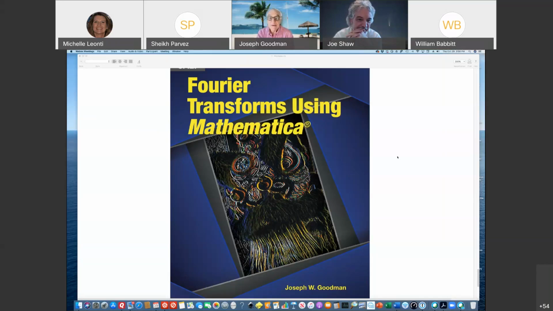So this book would be very easy to expand, and maybe I have the energy to do that. I've actually been working on another potential book that is a book more purely on Fourier optics using Mathematica, without all the background in Fourier transforms. And I don't know whether that'll ever be completed, but that's what keeps my mind occupied these days.